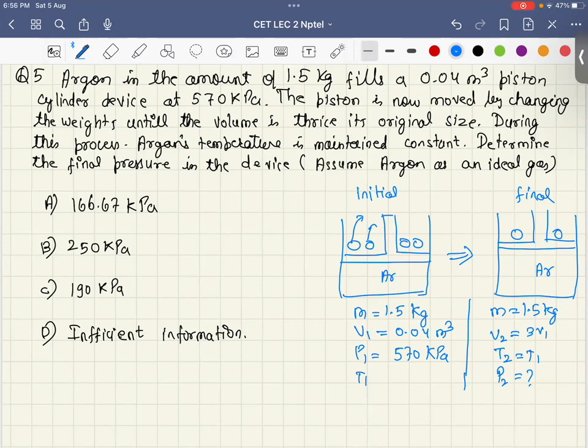Okay. So anybody able to get the answer? So option C, 190 kPa. It is correct.